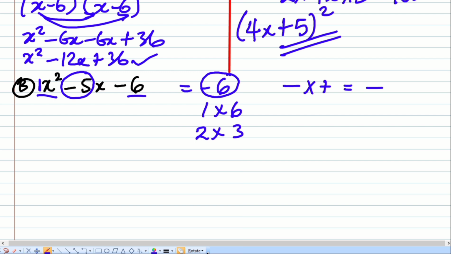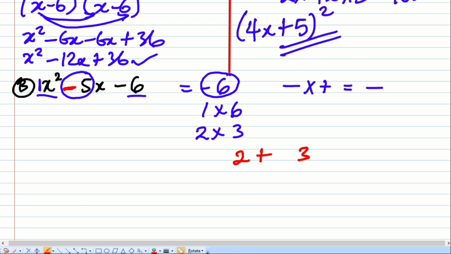Now the second thing to consider is the middle term. You see that the sign of the middle term there is negative. So if two numbers are going to add up to give you negative 5, then the bigger number must be the negative one. So we're going to try 2 and 3. Now we have 2 plus 3.